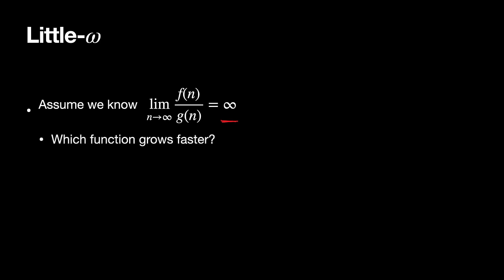Okay, we've got another somewhat comparable definition for little omega. So assume that we know that the limit is not 0, but it's infinity. Which function grows faster? Well, we have to assume that f grows faster, right? From our experience with calculus, we know that somehow the numerator of this function is growing without bound and growing much faster than the denominator.